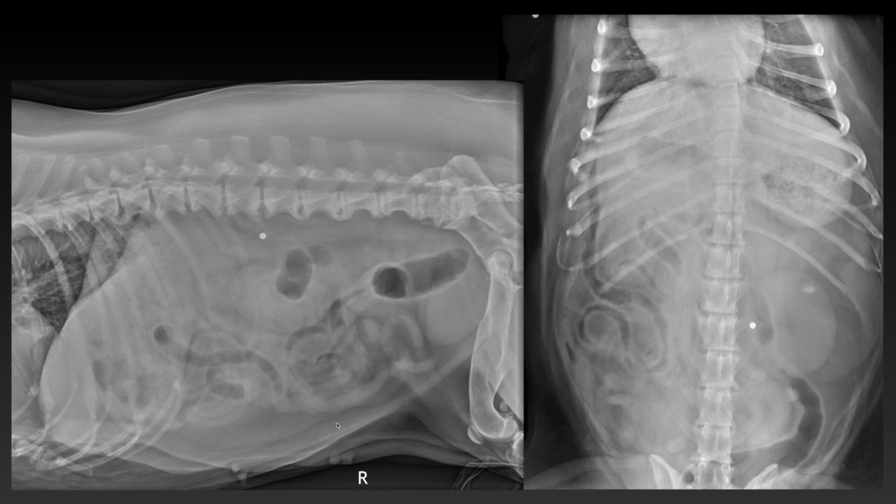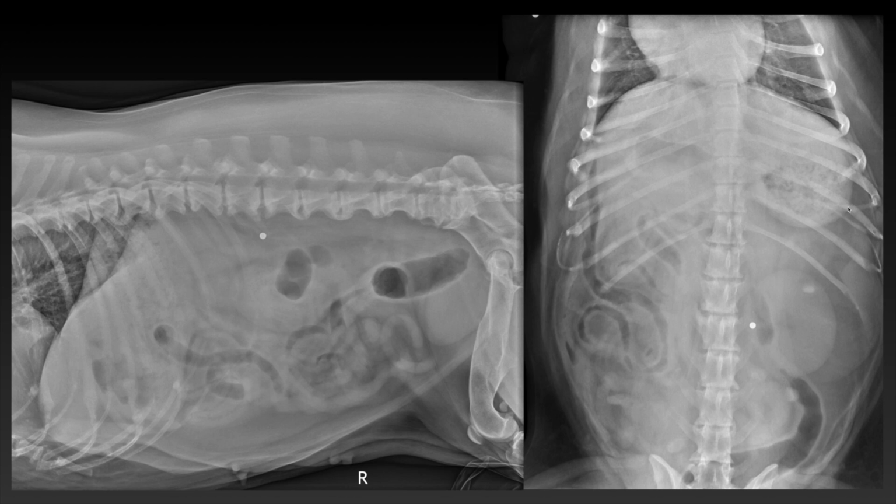The descending duodenum contains a moderate amount of gas and has a straight course. The gastroduodenal angle is widened, and the duodenum is displaced laterally. The serosal detail is reduced in the right cranial abdomen.